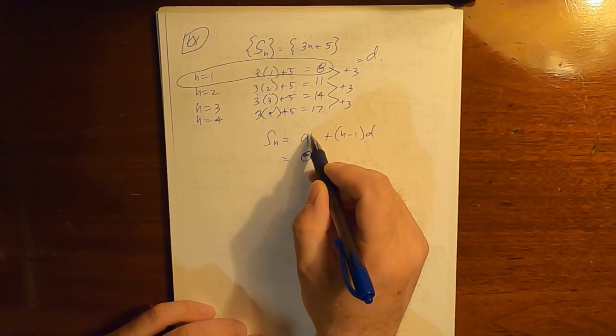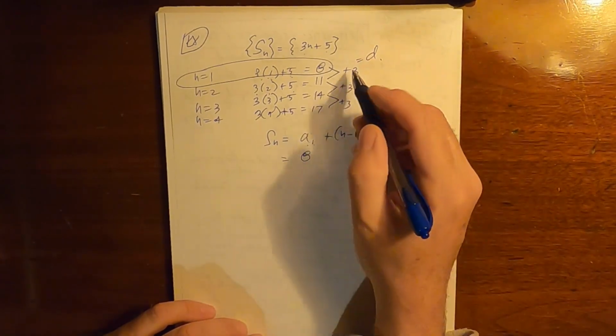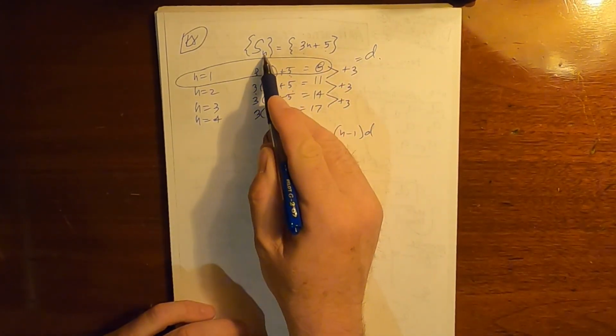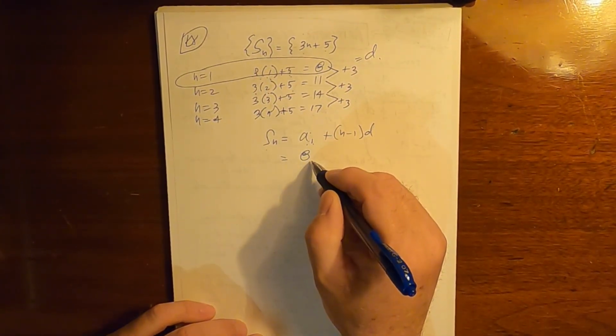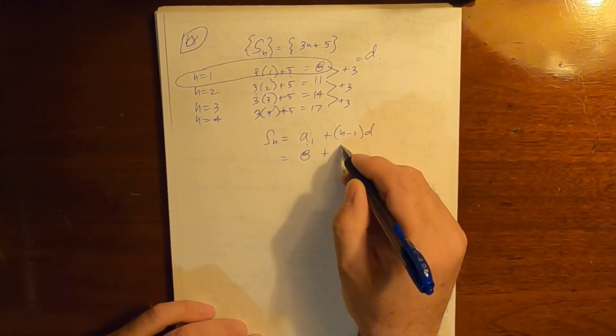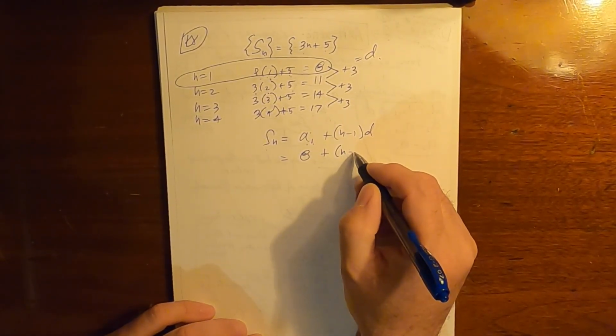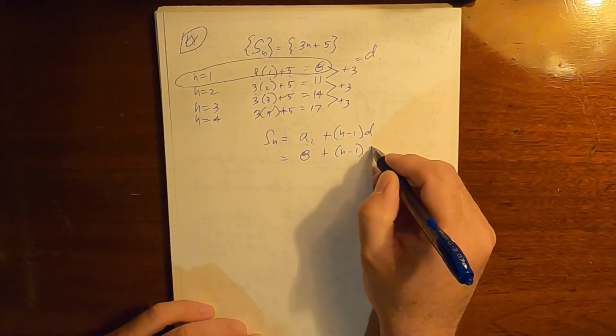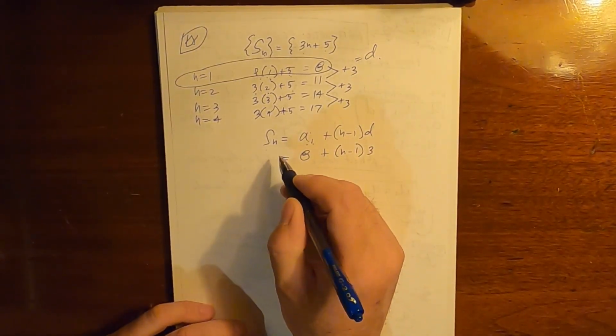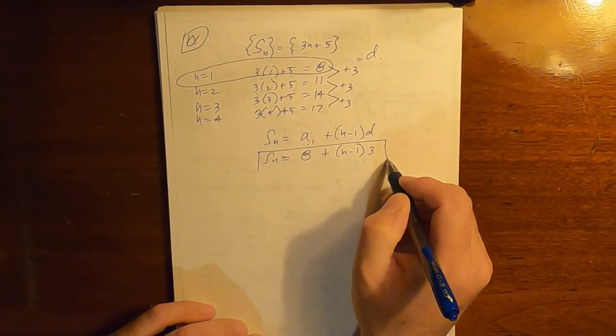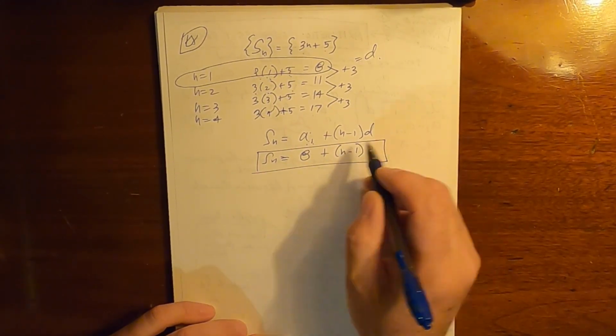I should be using s_1, I'm using a_1, you get what I mean, they're calling it s. So I put in that number, and then I leave it generic as n minus 1, and I put in my d, which is 3. So there you go. This is your general or explicit form right here.